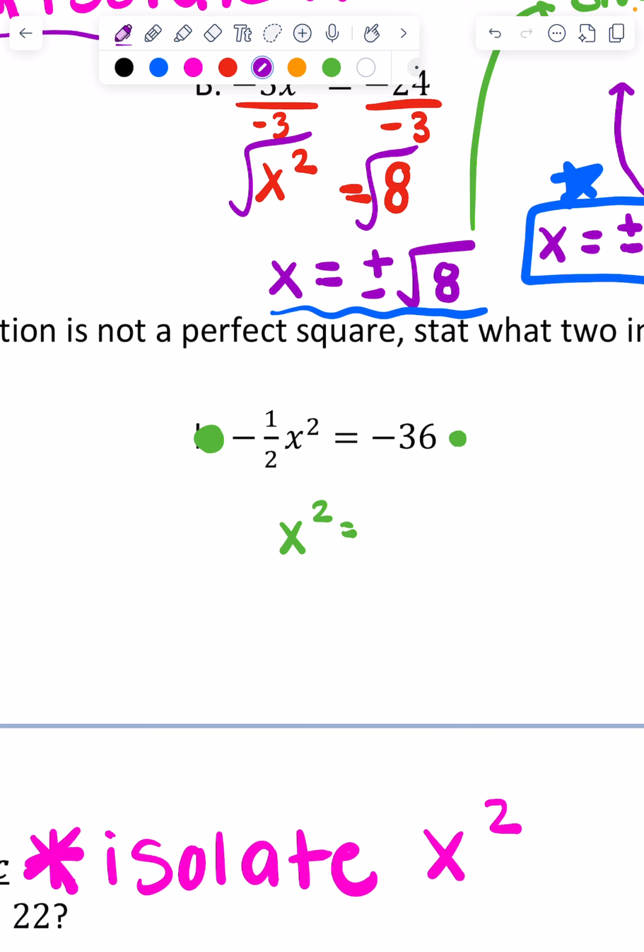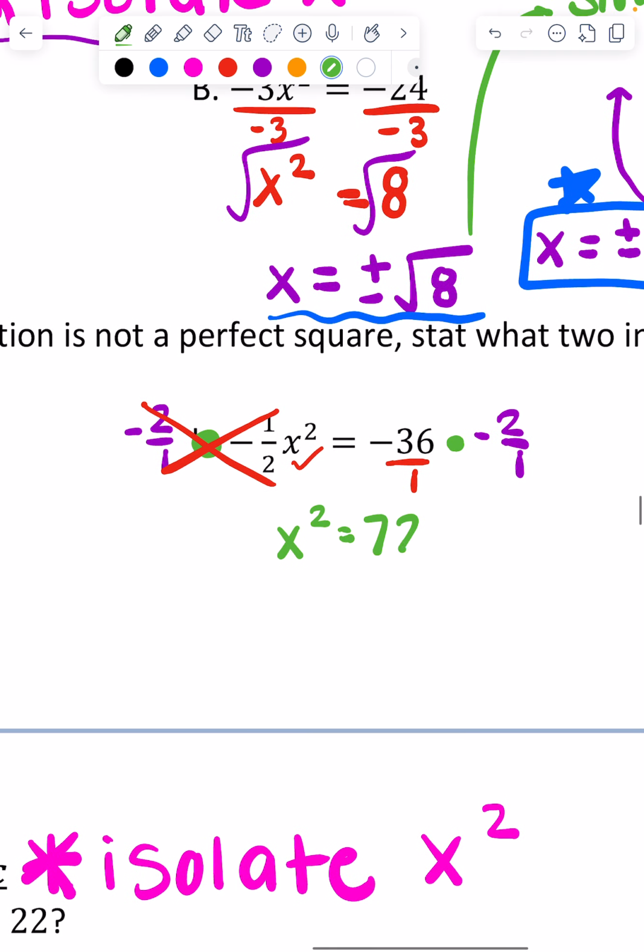I'm going to times both sides by the reciprocal of negative 1/2, which is negative 2 over 1. That is our inverse operation. Those cancel each other out. We have isolated x squared, and now I just have to simplify this over here. We're going to times the two numbers on top to get a positive 72 over just 1. So 72 is our answer on the right side.